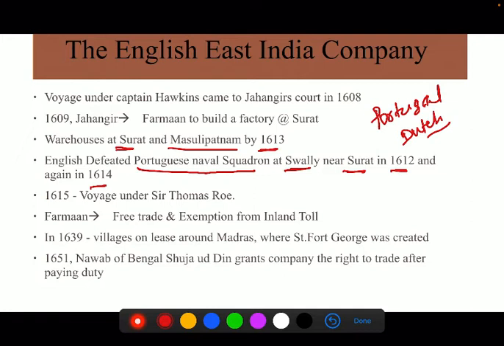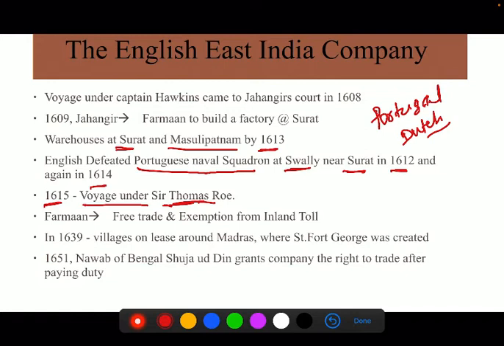The British East India Company wanted to have more permission to do the trade. Initially they got permission to do trade on the west coast itself, but they wanted more concessions. For that purpose another voyage was sent under Sir Thomas Roe in 1615, and he again went to Jahangir's court.